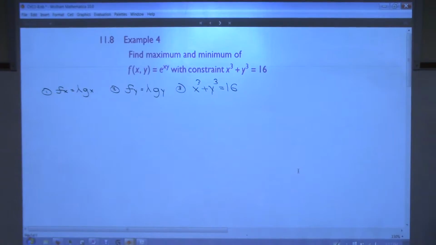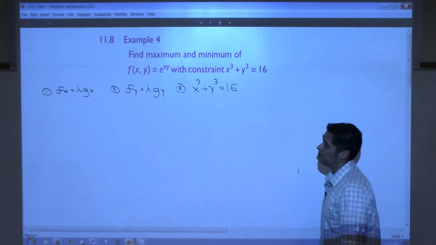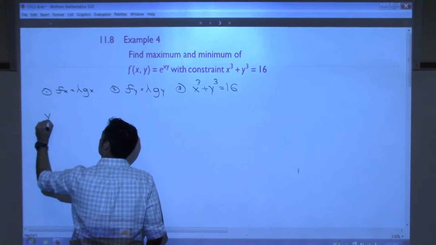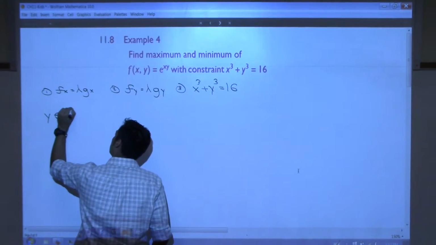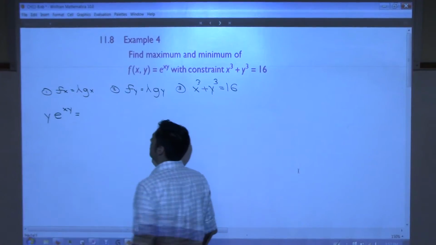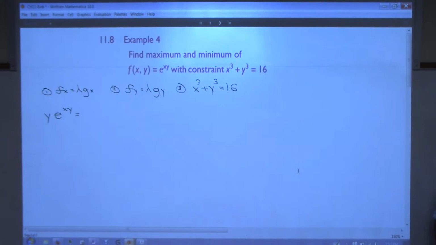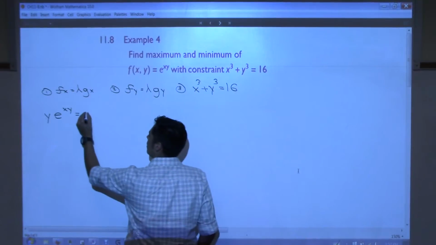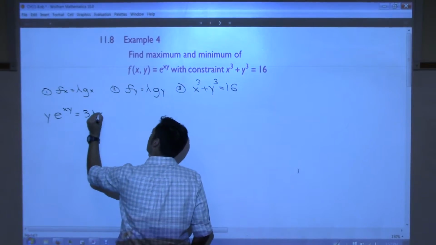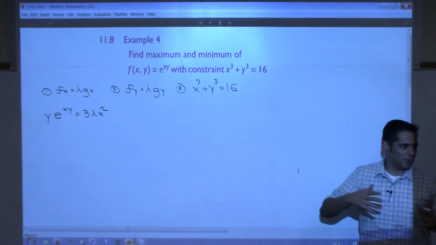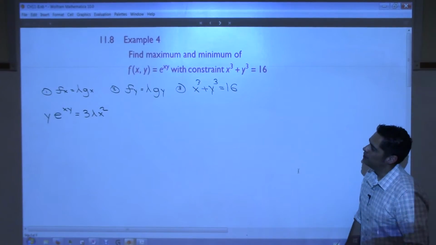So what is the derivative of f with respect to x? y e to the xy equals lambda times the partial of g with respect to x. 3x squared, but then times lambda, right? So how about I write 3 lambda x squared. See, if you mess the partials up, it's over. I mean, pretty much at that point, it's done.